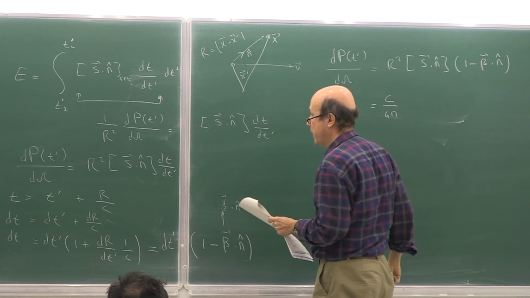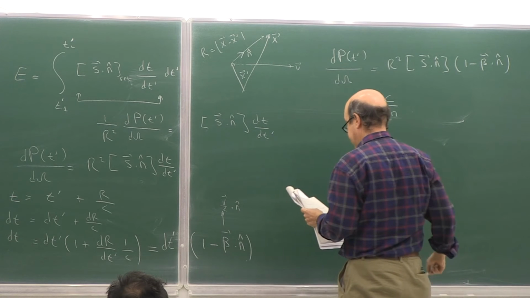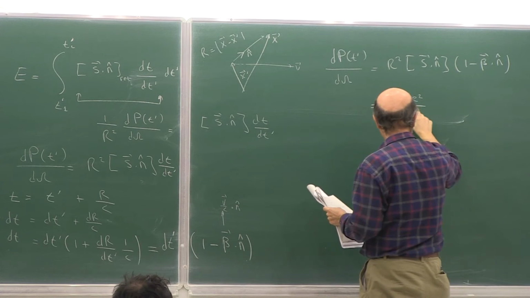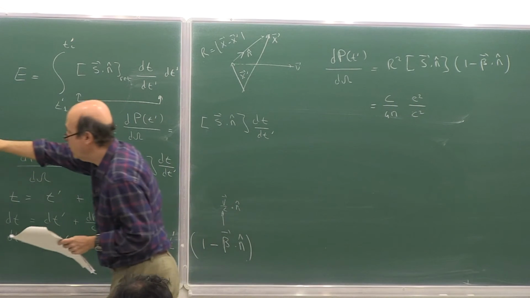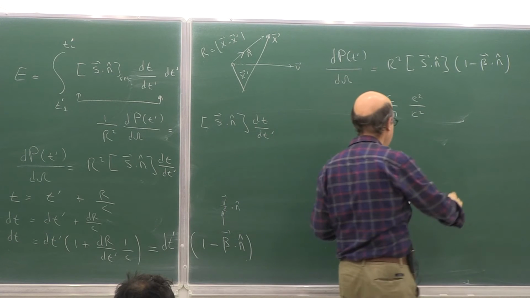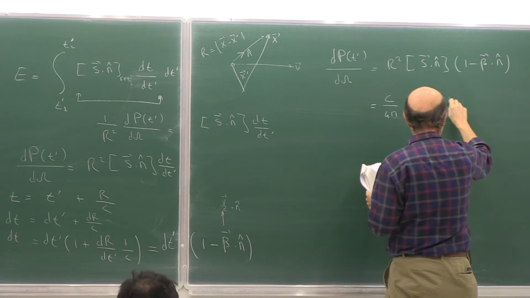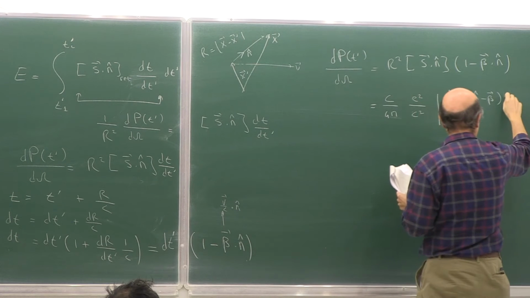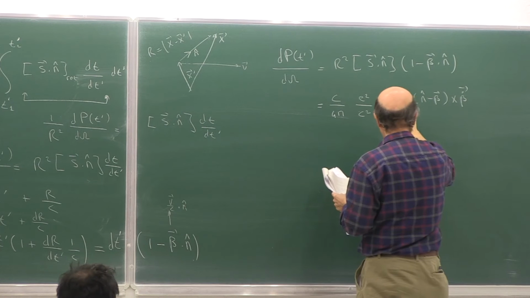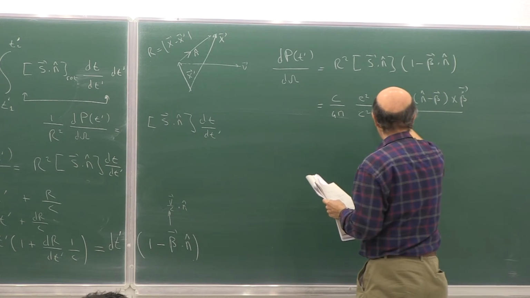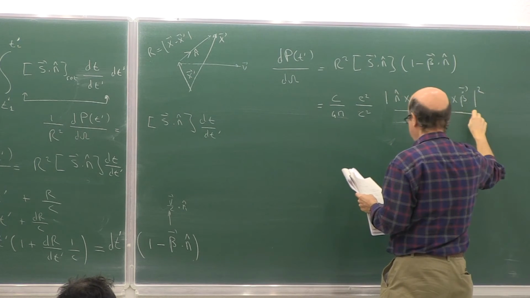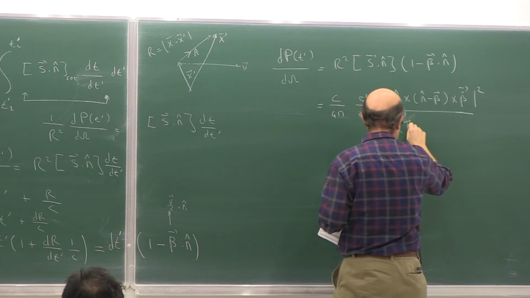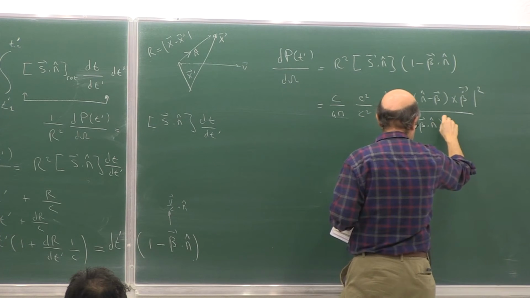from the definition of S, the square of the electric field brings the following: e square divided by c square, and the square of the whole term, n cross (n minus beta) cross beta dot, divided by the square of that denominator term, which brings 1 minus beta dot n to the 6th power.